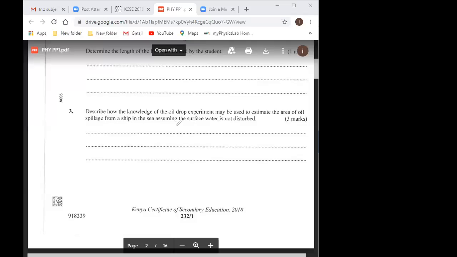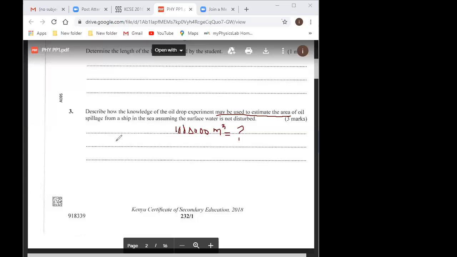It is an assumption: 1 million cubic meters. Suppose you want to get the extent of surface that it is going to spread. You don't know, because the question is asking how it may be used to estimate the area. So what you do is scoop a little amount of oil of a known volume, maybe using a container of a known volume.